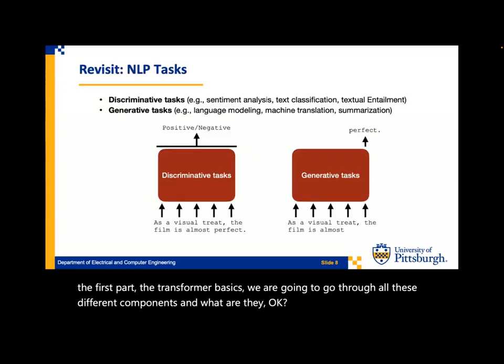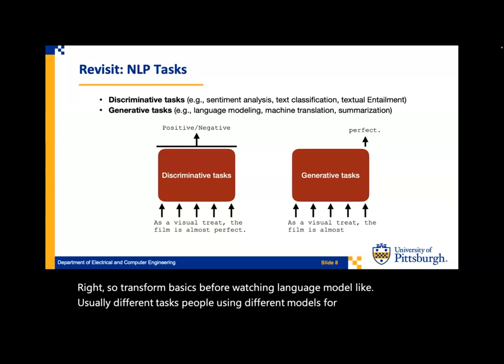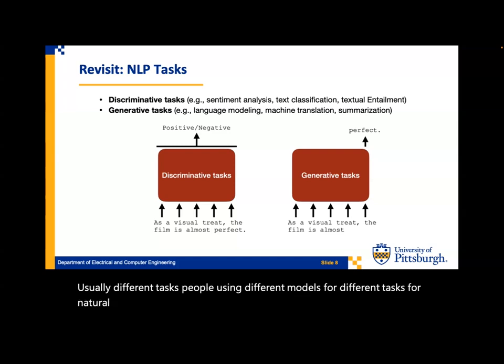So, transformer basics. Before large language models, people usually used different models for different tasks. For natural language processing, there are discriminative tasks such as sentiment analysis, text classification, and textual entailment.